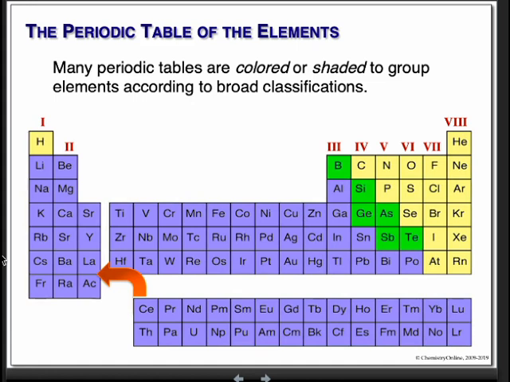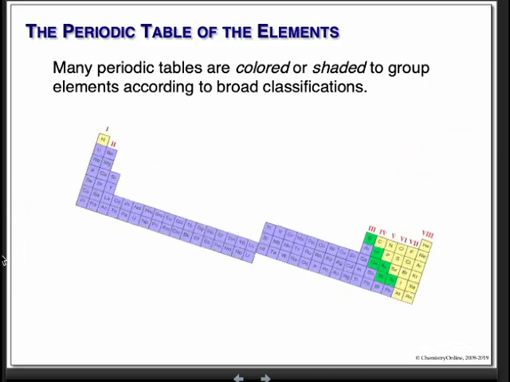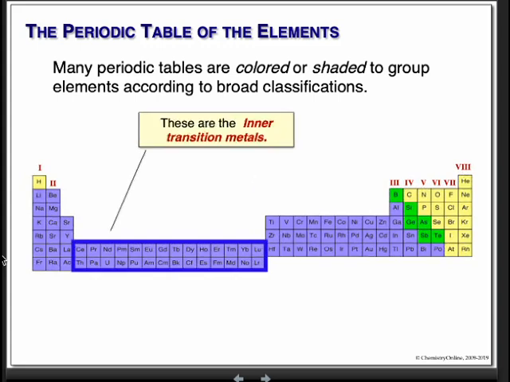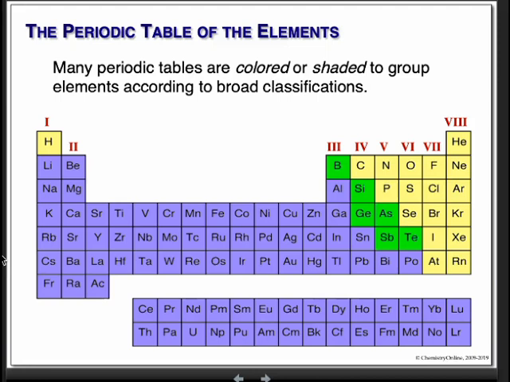So these guys slip into the table after lanthanum and actinium. Okay? That would make our table actually look like this. So here's the inner transition metals. And this makes the table almost unusable because it's too long and skinny. You can't fit it on a page, blah, blah, blah. And nobody really cares about these much anyway, so we just put them at the bottom. That's why they're there. Any questions?